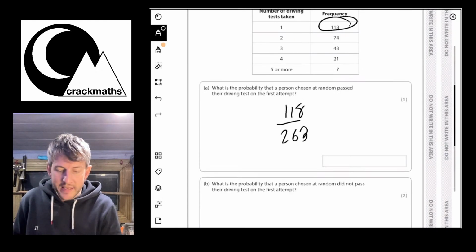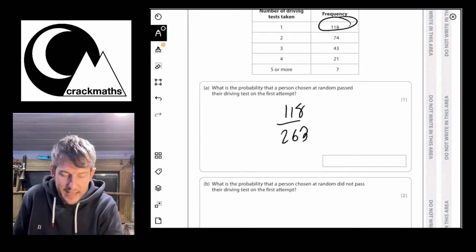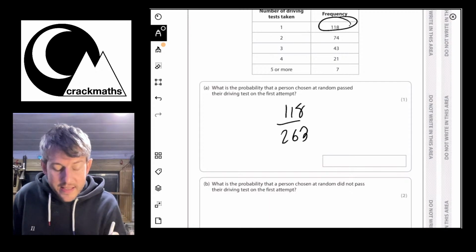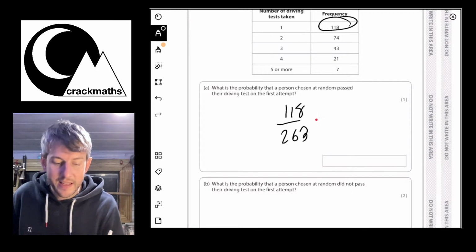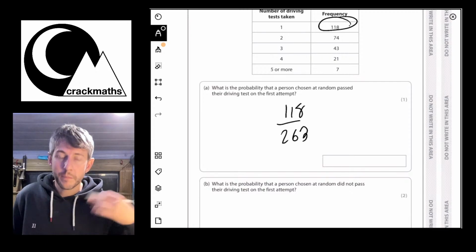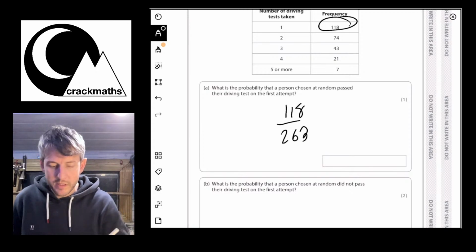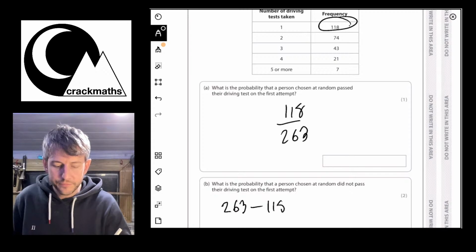What is the probability that a person chosen at random did not pass their test on the first attempt? Okay, right, that's fine then. So here is the probability that they did pass their driving test on the first attempt. So the probability that they didn't pass their driving test on the first attempt is essentially everybody else. So we need to do 263, take away 118.